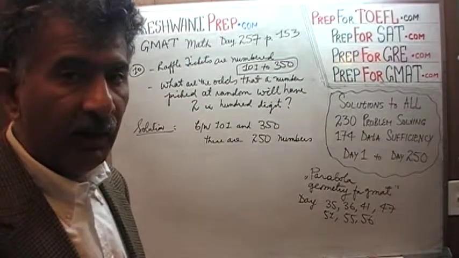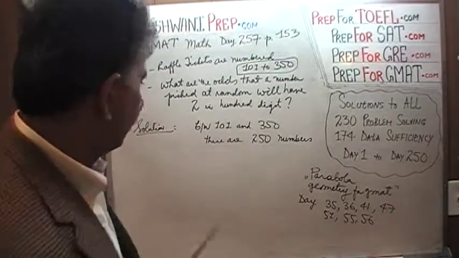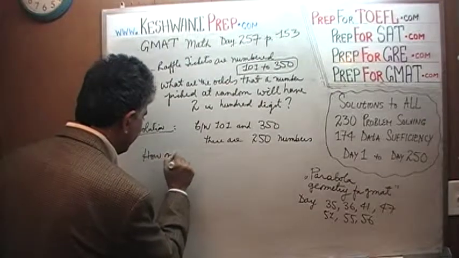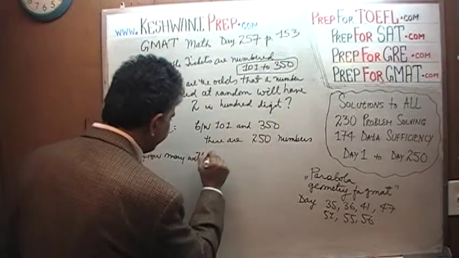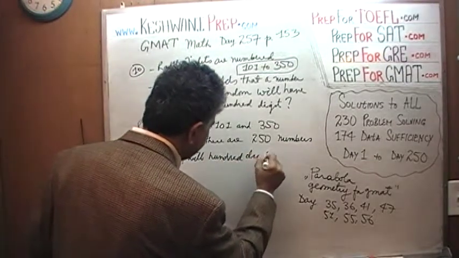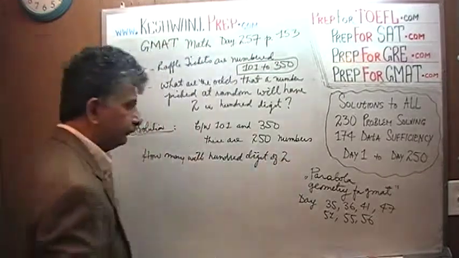How many of them will have 100 digit of 2?